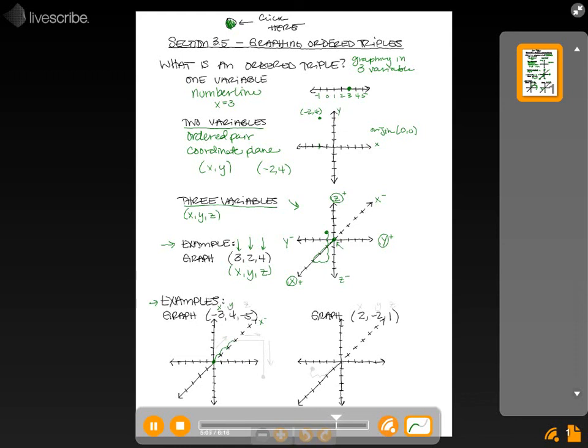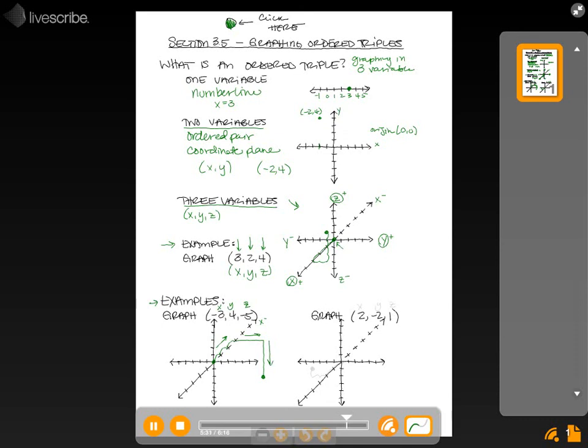Our y is a positive 4, so we're going to move to the right 4. And then negative 5 is our z, so we need to go down 5. And there would be our point. There's our ordered triple. We went back 3, right 4, down 5.